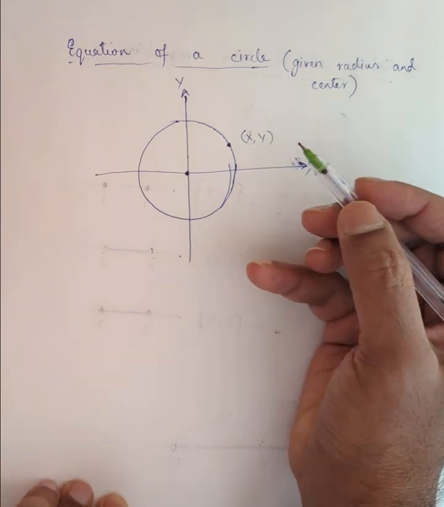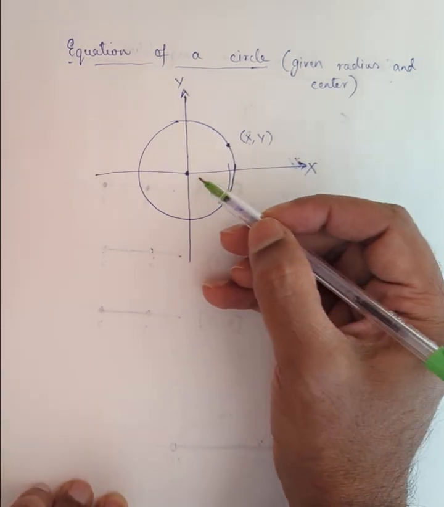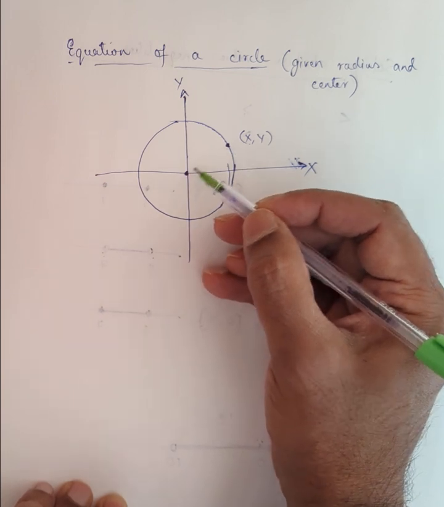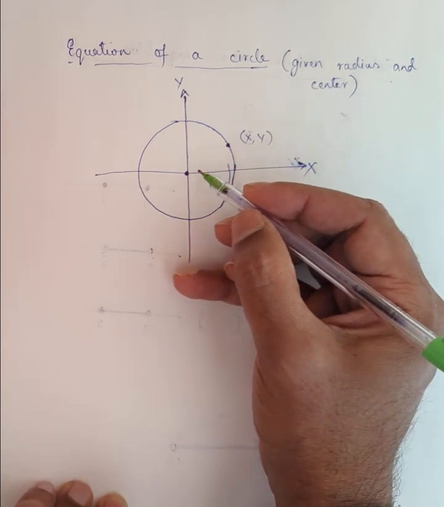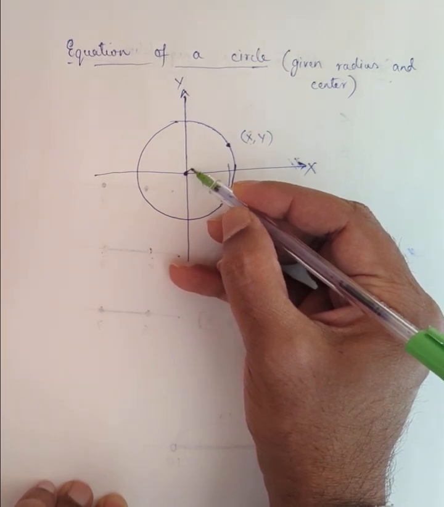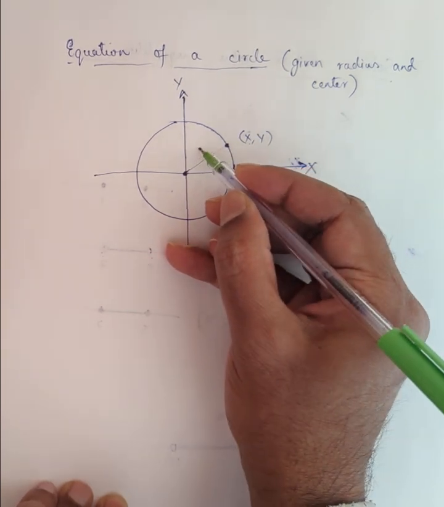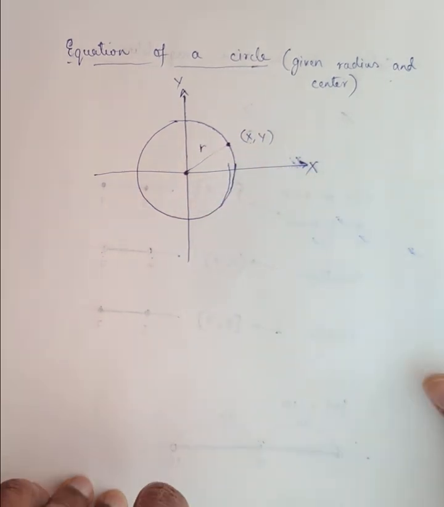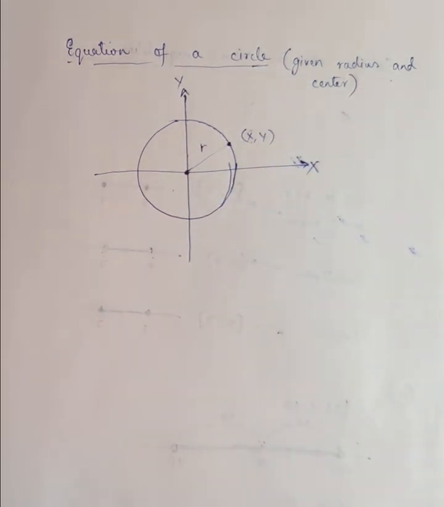What I know is this point is on the circle, which means it's at a distance of r from the center. So from the origin, this is at a distance of r, and I can build a right triangle.